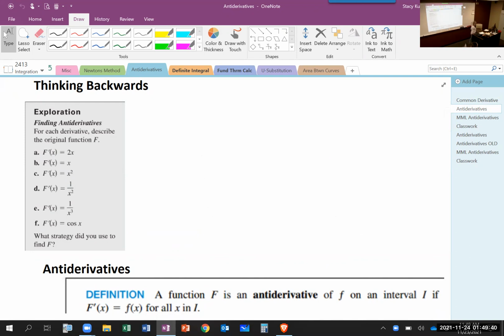All right, quickly, what I want to know is here I have the derivatives a through f. What I want you to do as a group, as quickly as you can, is take that derivative and tell me what the original function was.